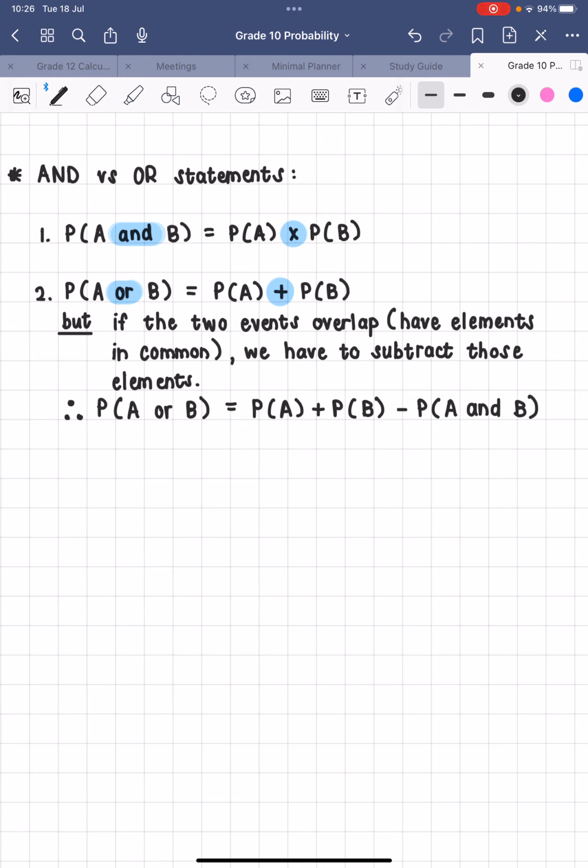Now guys, this actually is called the probability identity, and you're going to use this all the way up until matric. Quite often they test this identity in matric, so I'm just going to write underneath this. This is the probability identity.